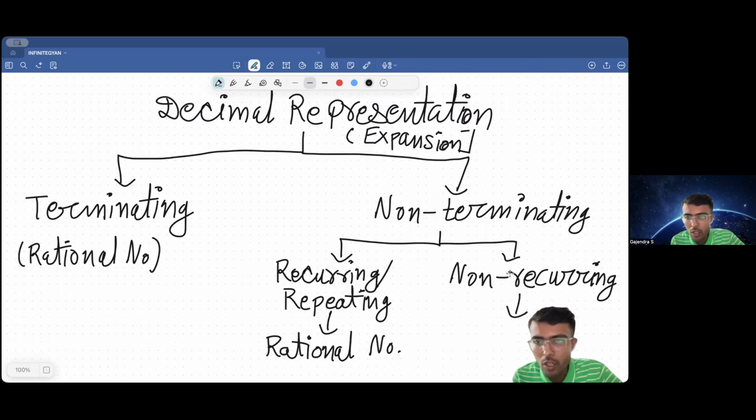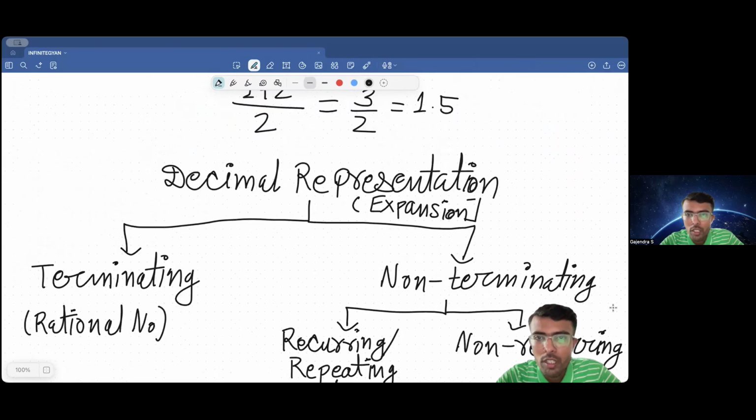And here, the non-terminating and non-recurring category is for irrational numbers.